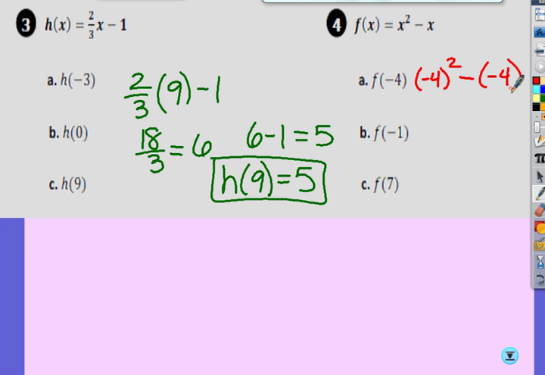For letter A, I will do negative 4 squared, which is positive 16, minus negative 4, which is really 16 plus 4, which equals 20. Therefore, f of negative 4 equals 20.